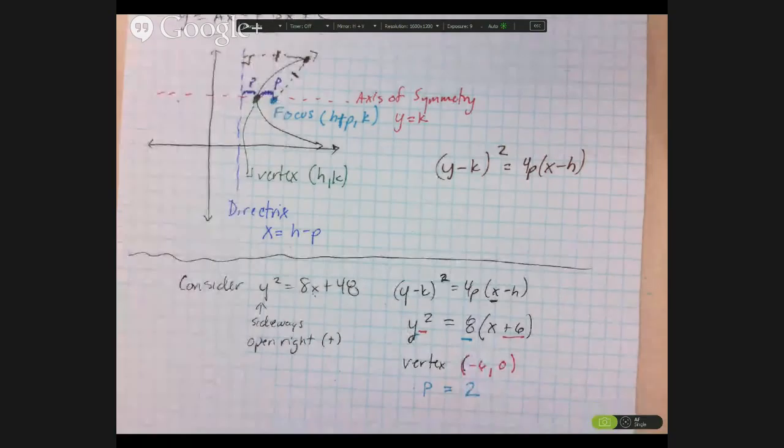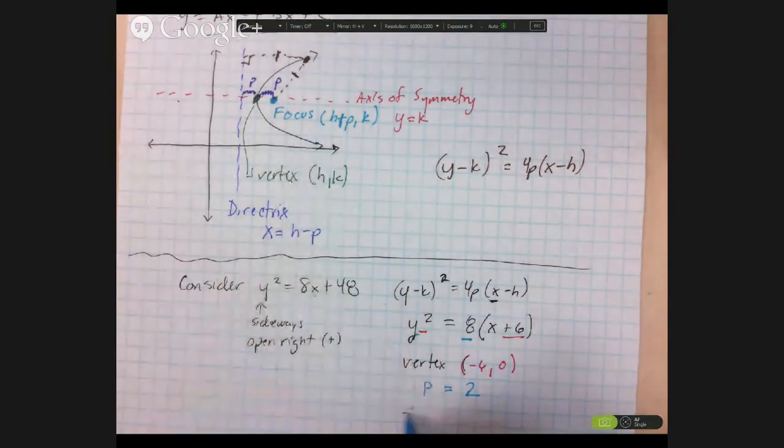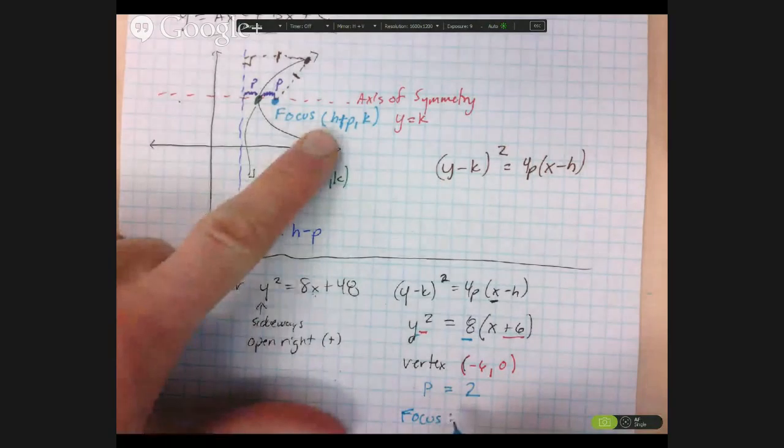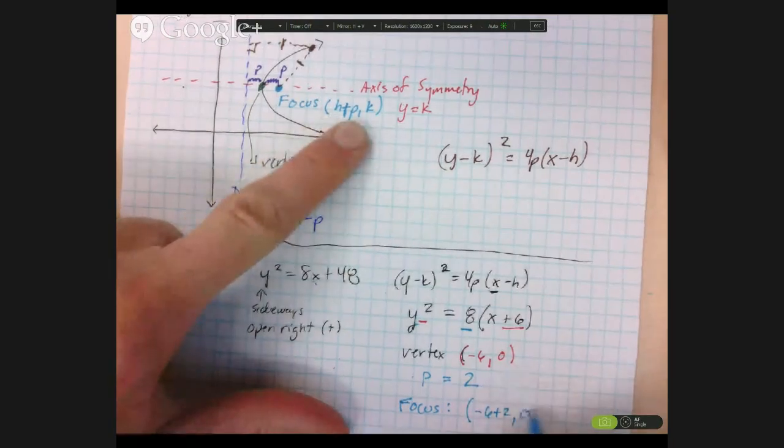Okay, so now we're going to go through and look at our different items. What's the focus? h plus p is -6 plus 2, and then k stays the same.